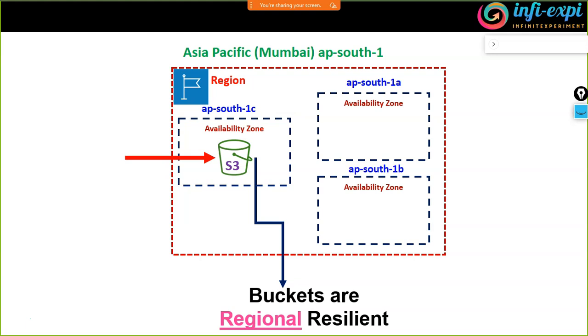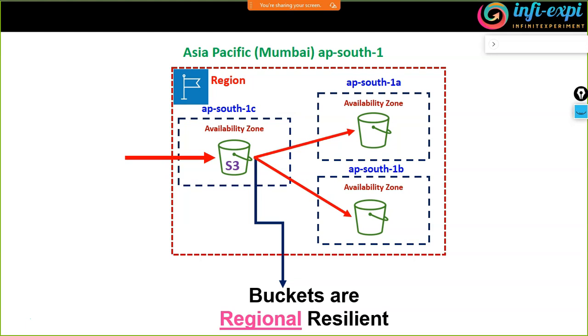But typically, when you create a bucket, it will get created in a specific region and a specific availability zone. But the advantage, and why I'm saying it's regional resilient, is that it can survive even if one zone fails. How? The same bucket will be replicated into the other 2 availability zones.